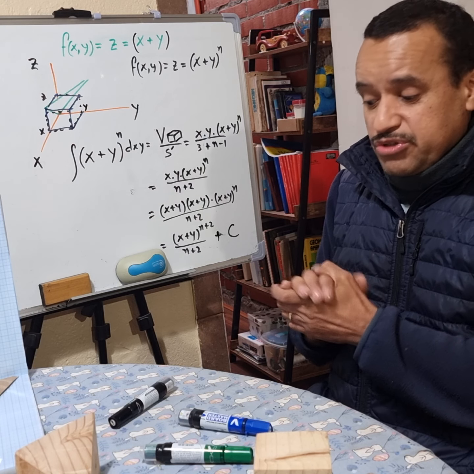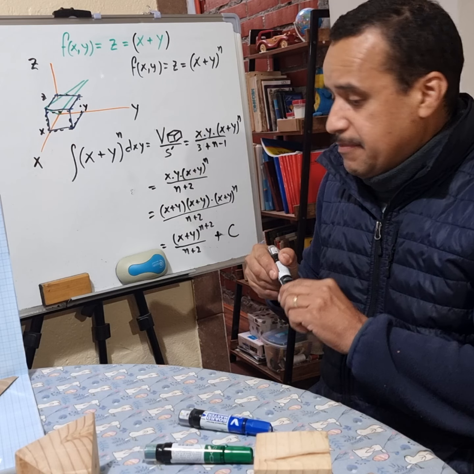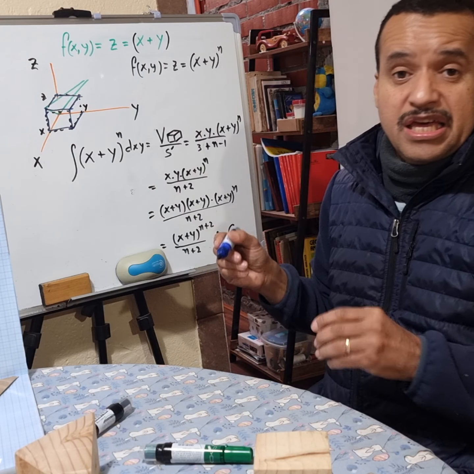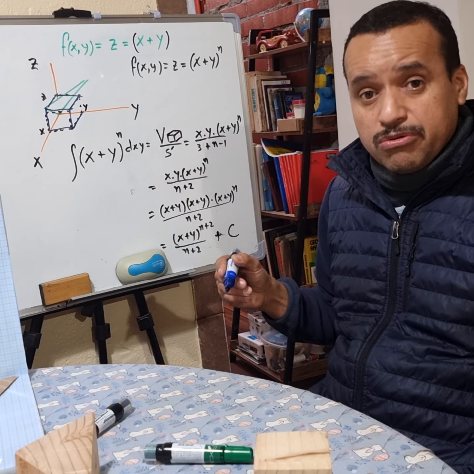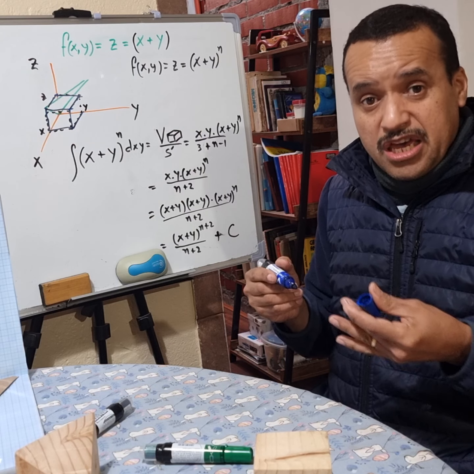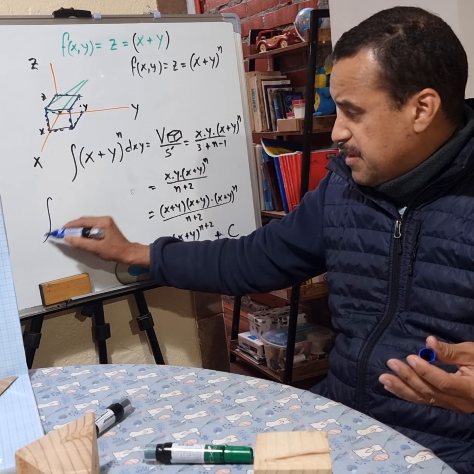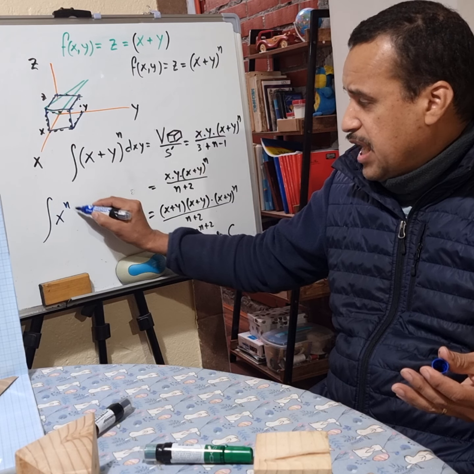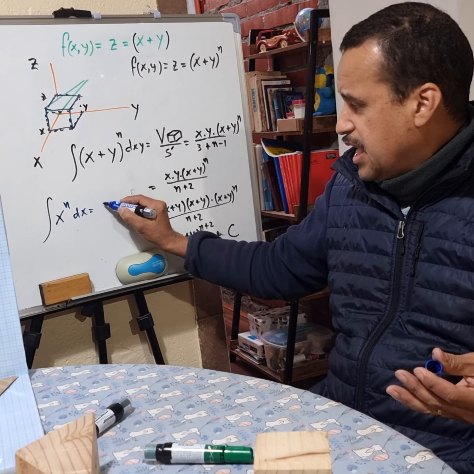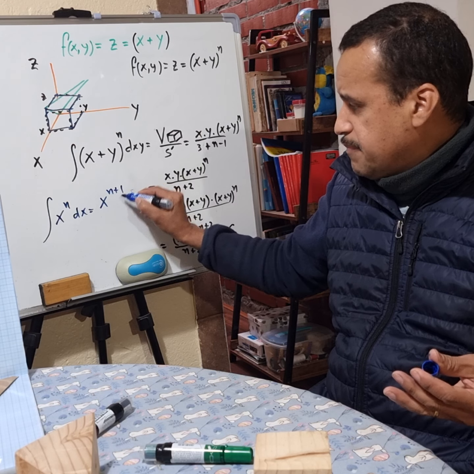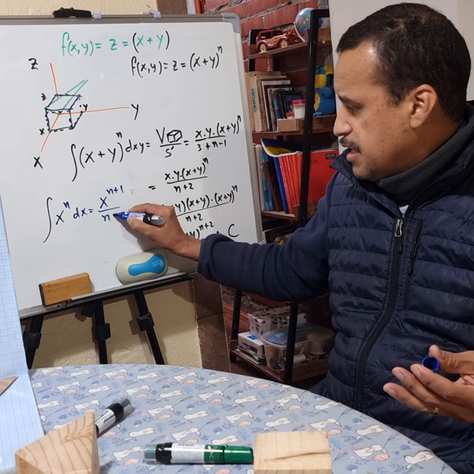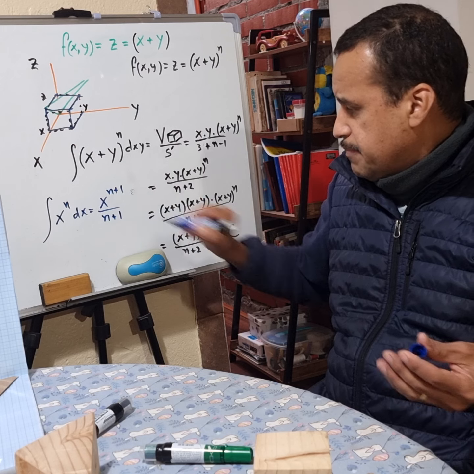Well, this is our first primitive, our first general formula of any power of the identity function, just like the formula of classical calculus that we inherited from Newton and Leibniz 300 years ago. You remember, the integral of s to m ds equals s to m plus 1 divided by m plus 1.